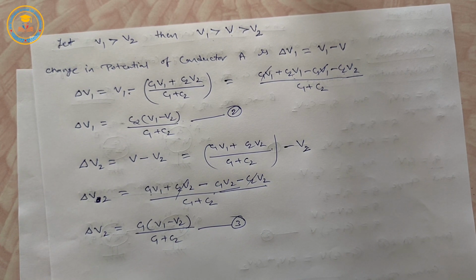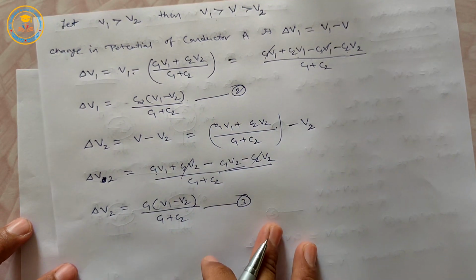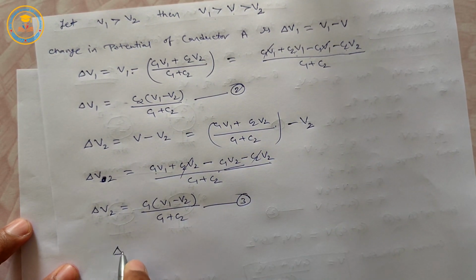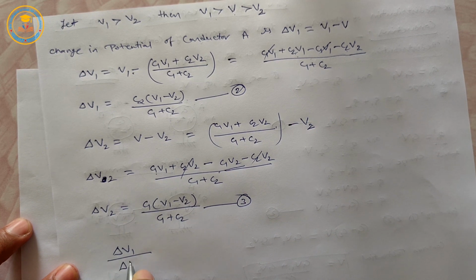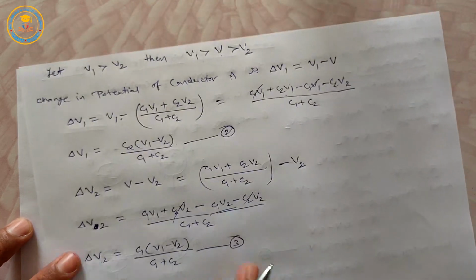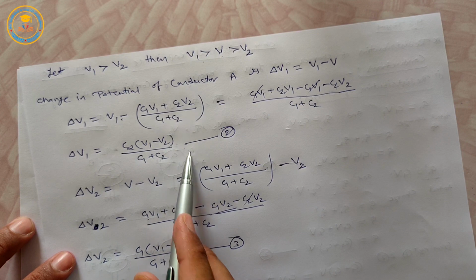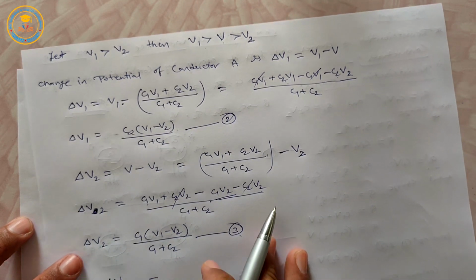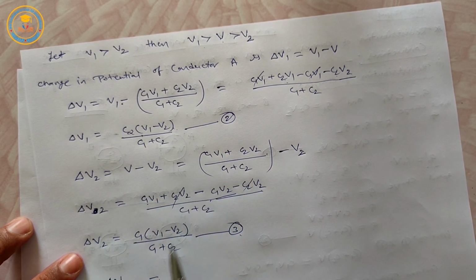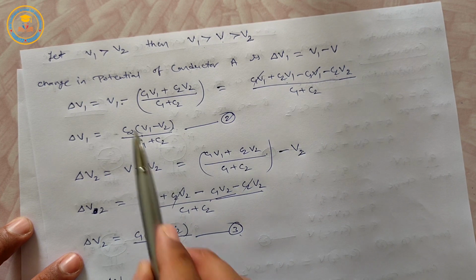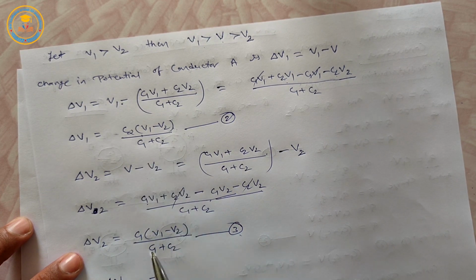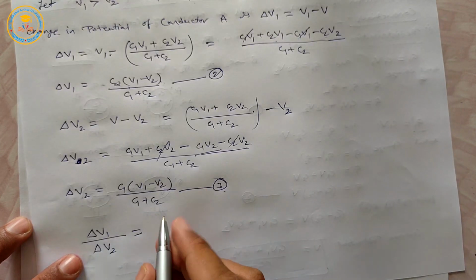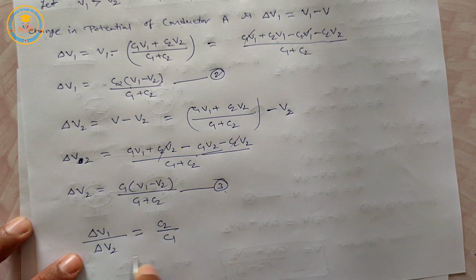Okay students, now from equations 2 and 3, the ratio of the change in potentials of conductors, del V1 upon del V2, is equal to equation 2 divided by equation 3. Then V1 minus V2 and V1 minus V2 cancel out, C1 plus C2 and C1 plus C2 cancel out, then we get C2 upon C1.